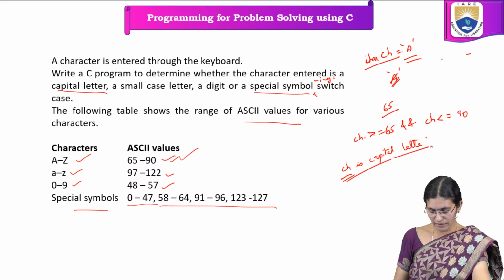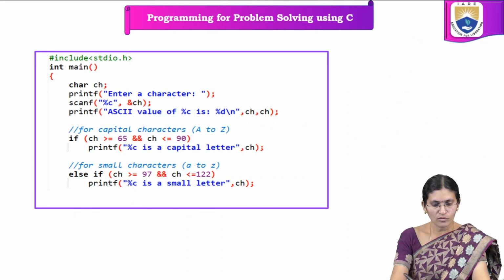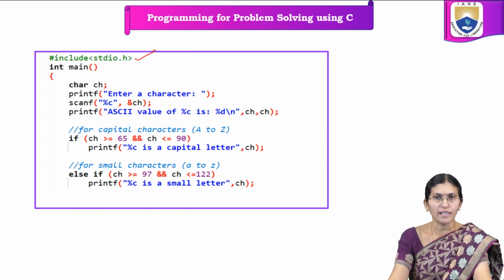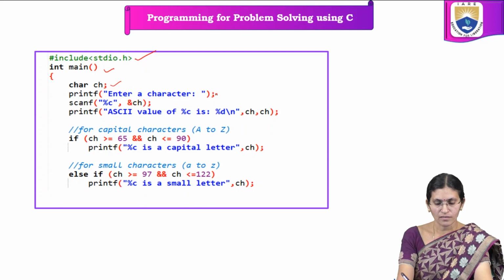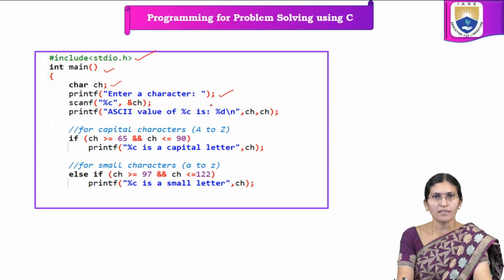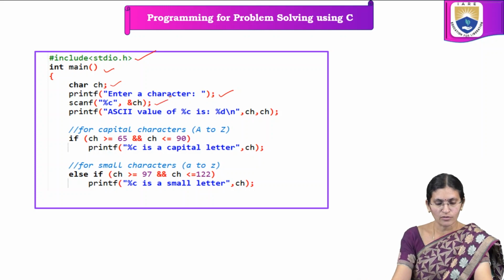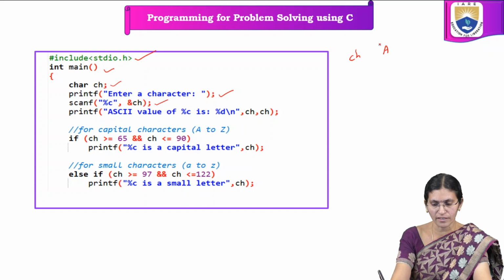Let's see how we can write the program for this. First we have to include the header file, stdio.h. Then inside the main function we need to write the statements. The first line declares a character variable CH. Then there will be a message on the screen: enter a character. Suppose we enter the character A, this value A is stored in the variable CH.